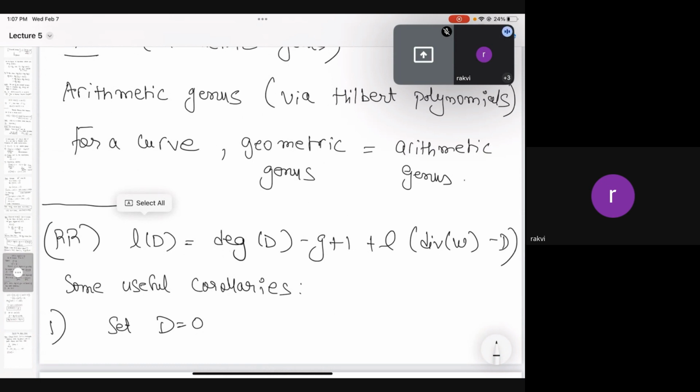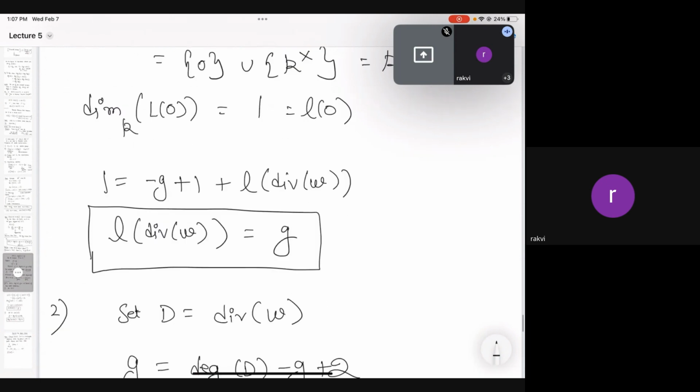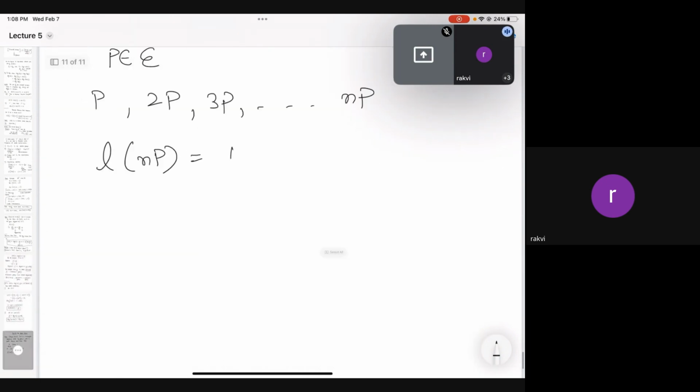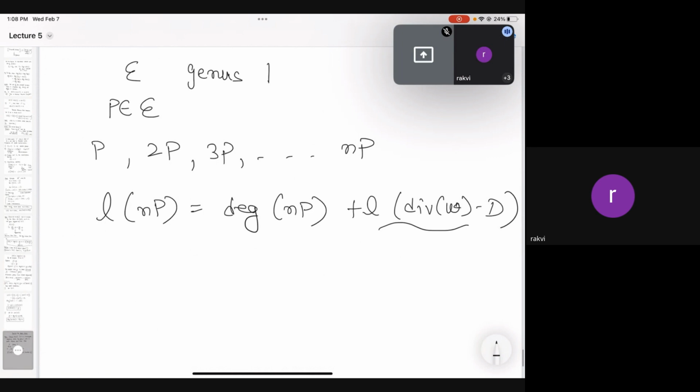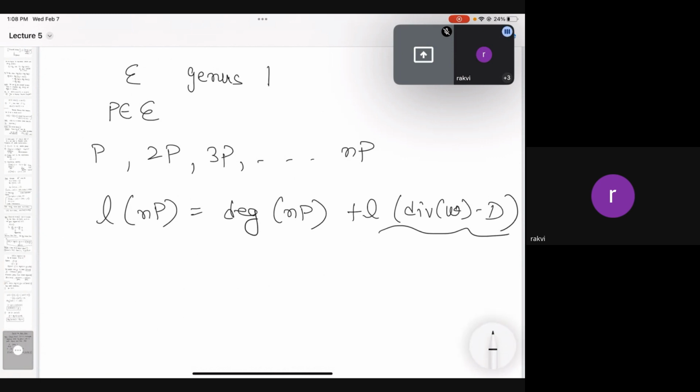So degree D, which is the degree of nP, which is just n, plus L of canonical divisor minus D. Now let's look at this extra term for a second. What is the degree of my canonical divisor? It's 2g minus 2, right? But g is 1, so that is just 0.